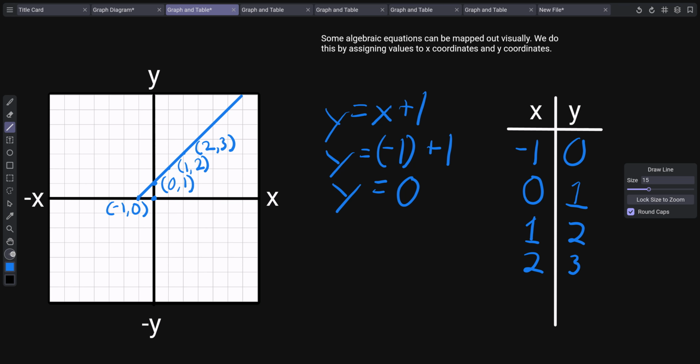So it would go this way, and then it would even go the same way into the negatives. And it looks like a straight line. So when you have equations that look like this, that is the way they are going to look on the graph.